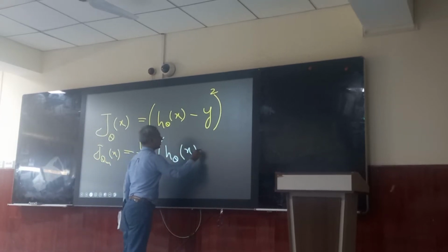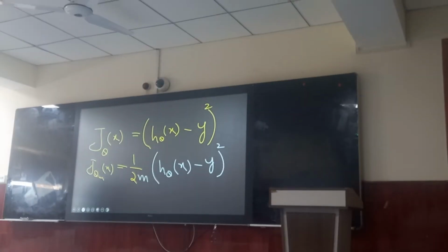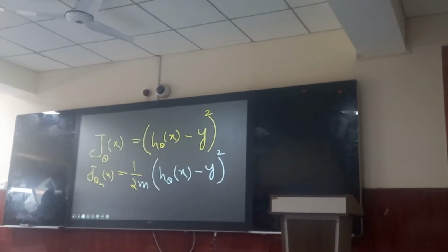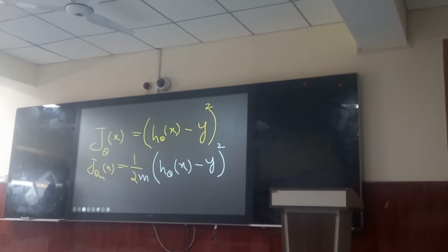So this is the cost function and this is the formula for it. If I ask in the exam, please write down the cost function, you will write this one.